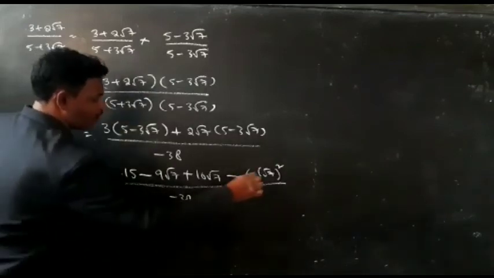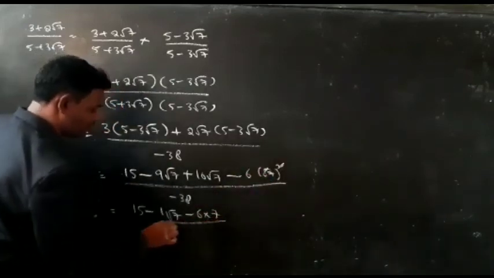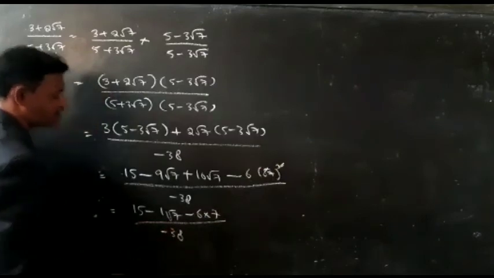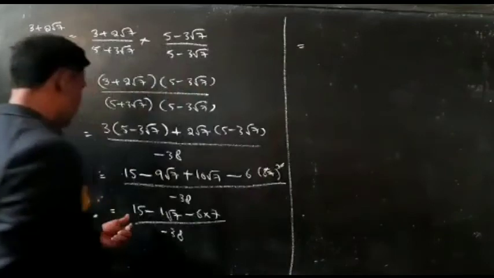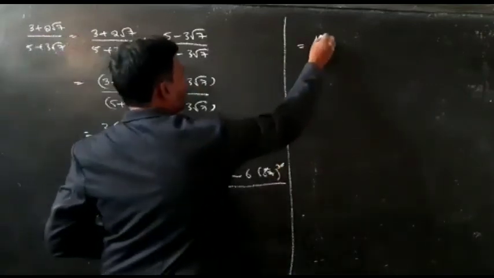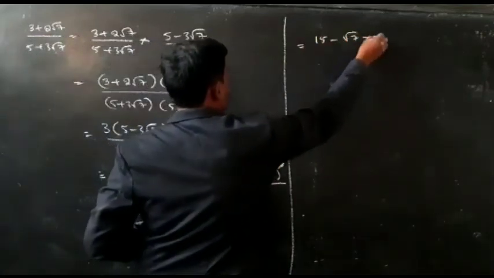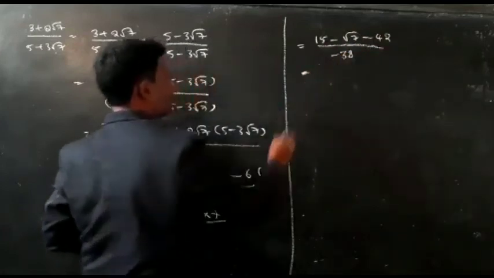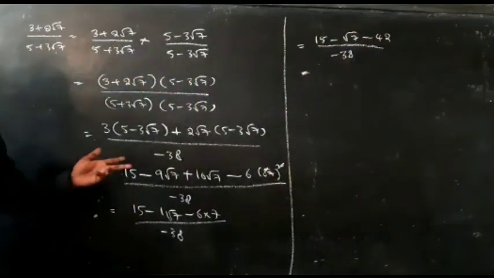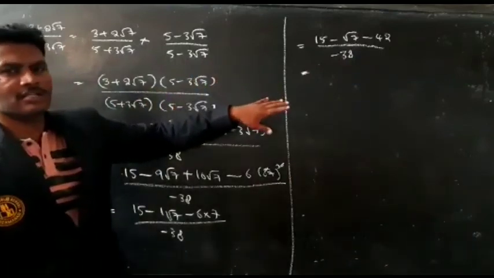Minus 6 into 7, square and root cancel, by minus 38 is equal to 15 plus root 7 minus 42 by minus 38.